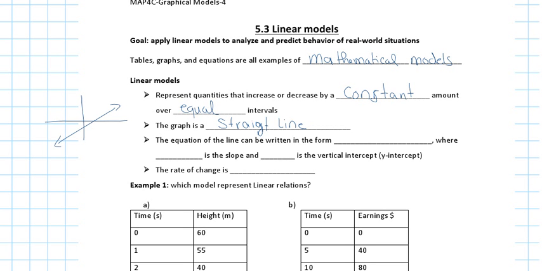The equation of a line can be written in the form of, what's the degree for a straight line, for linear? Degree 1, right? So the equation will be written as y equals mx plus b, where m is the slope and b is the vertical intercept. Do you remember this? It's coming back to you?